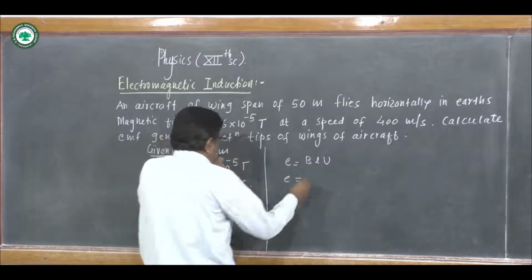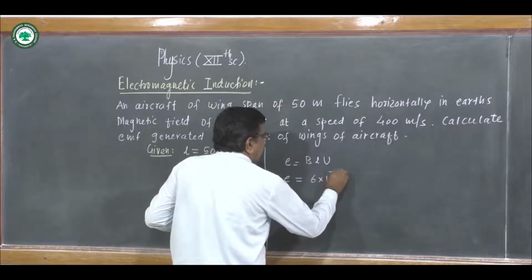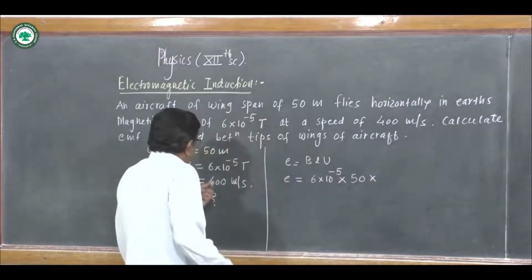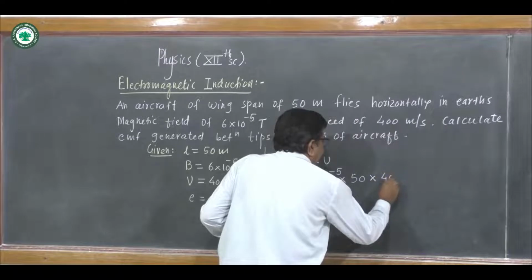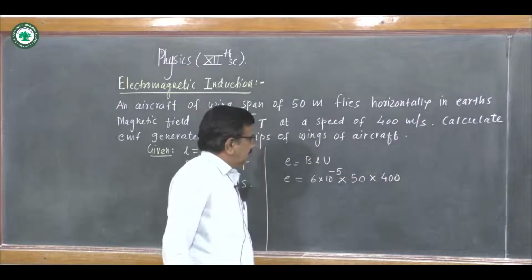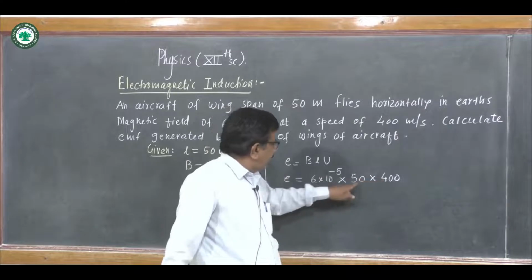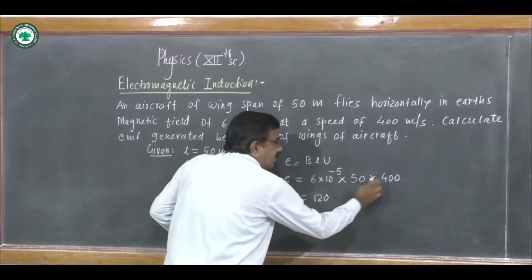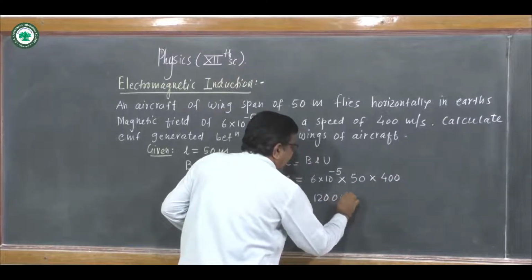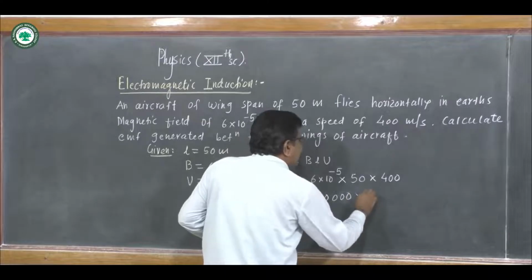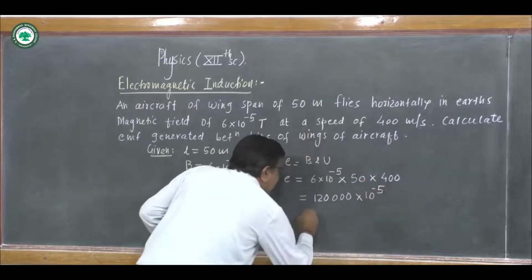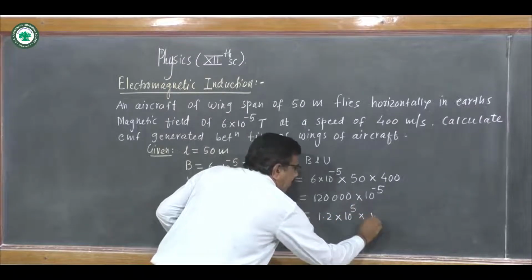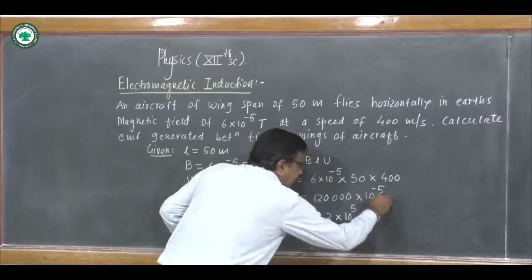B is 6 into 10 raised to minus 5, L is 50 meter, V is 400. Now see here, 4 into 5 is 20, 20 into 6 is 120, and so 1.2 into 10 raised to 5, multiplied by 10 raised to minus 5.